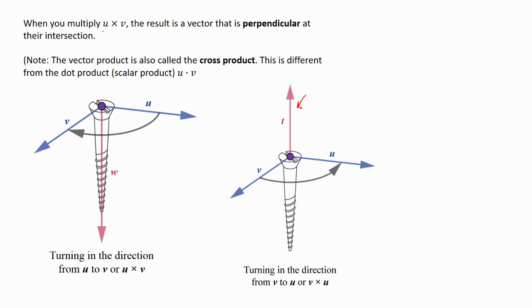And so that is called the cross product. So not the dot product. These are different things. So that's why we're using different notation, and this is where it gets really confusing. U x v, or u times v, is going to give you a perpendicular vector at the intersection. So either this t or this w, and we'll worry about which one it is a little bit later.